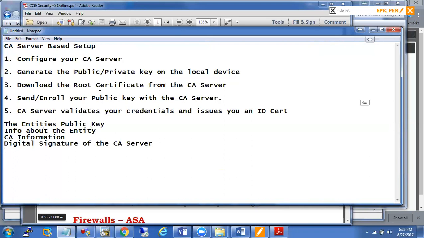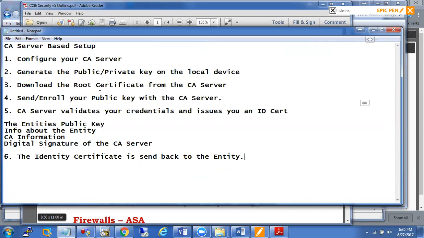All right. Once that is issued, the identity cert is sent back to the entity.